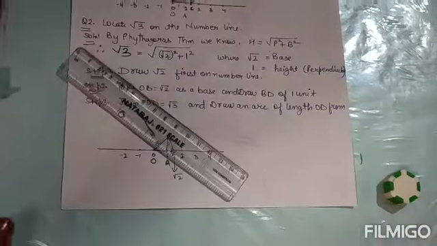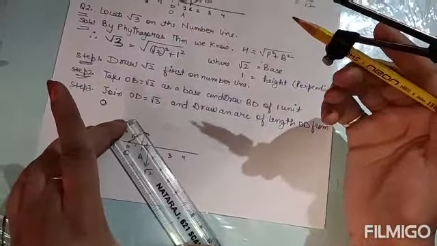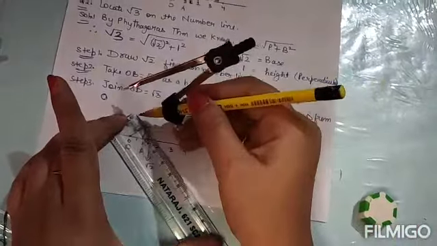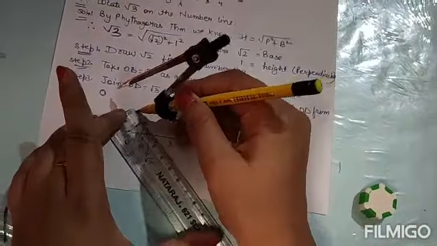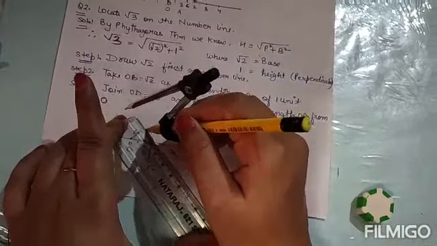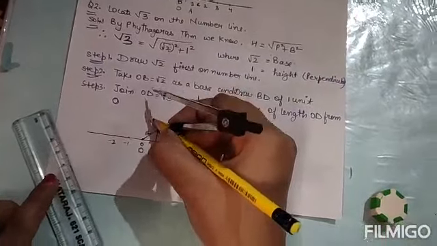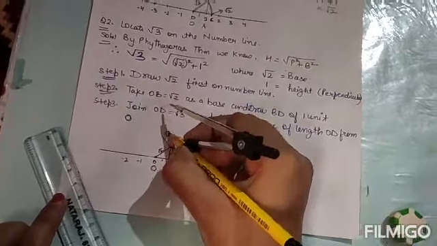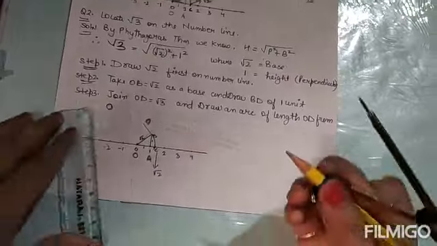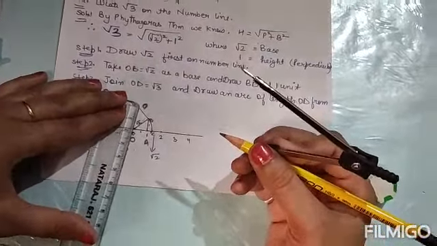Now we have to draw BD. Look, this is B and this point will be D. Name it D. Now join OD.